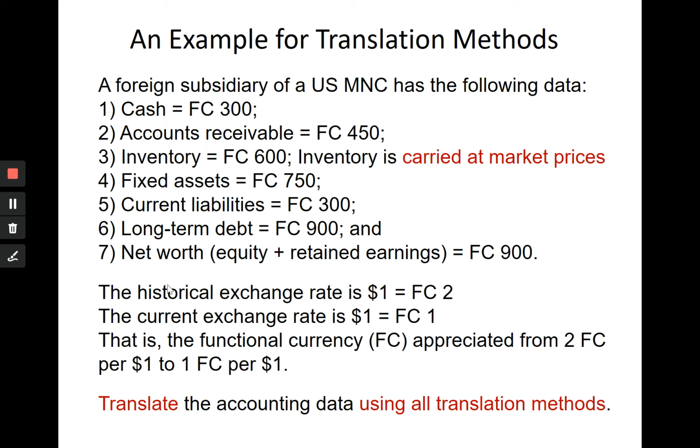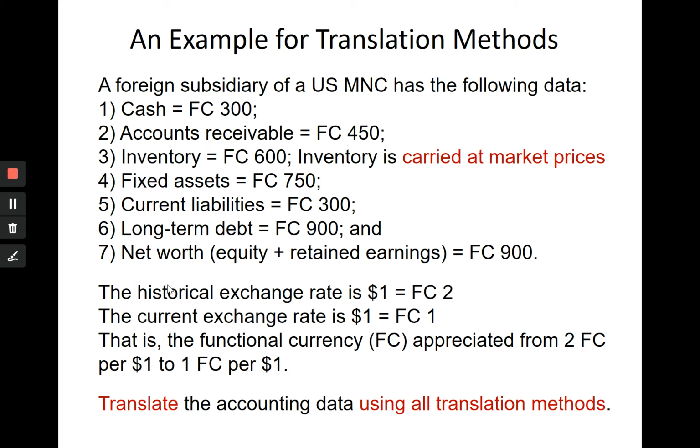They're all added up and they are reported in this example as 300 units of FC. Long-term debt, debt for more than a year, raised as capital, 900 FC. And finally, equity or net worth, and this is usually two accounts, owner's equity plus retained earnings. It adds up to 900 units of FC.